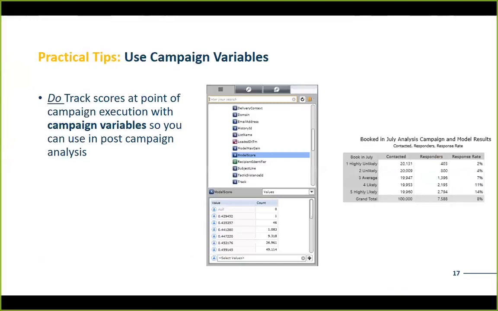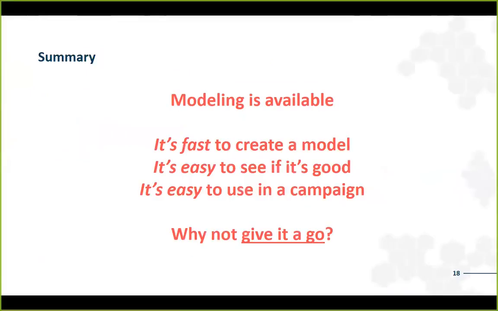So we've covered a lot of ground there, giving you an overview of the product. Just to summarize, really. Firstly, modeling is available. Anybody who's got a browser-based version of Alterian Campaign Manager has got modeling available. It's very fast to create a model, only taking a few minutes to generate.